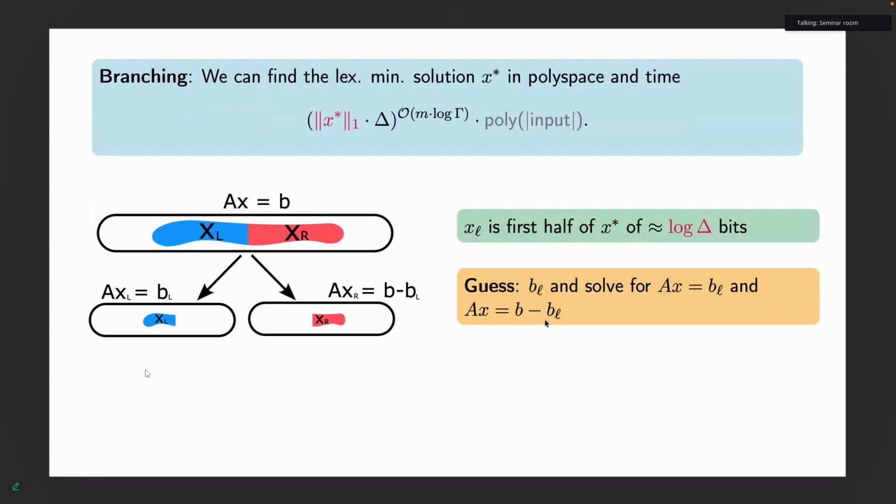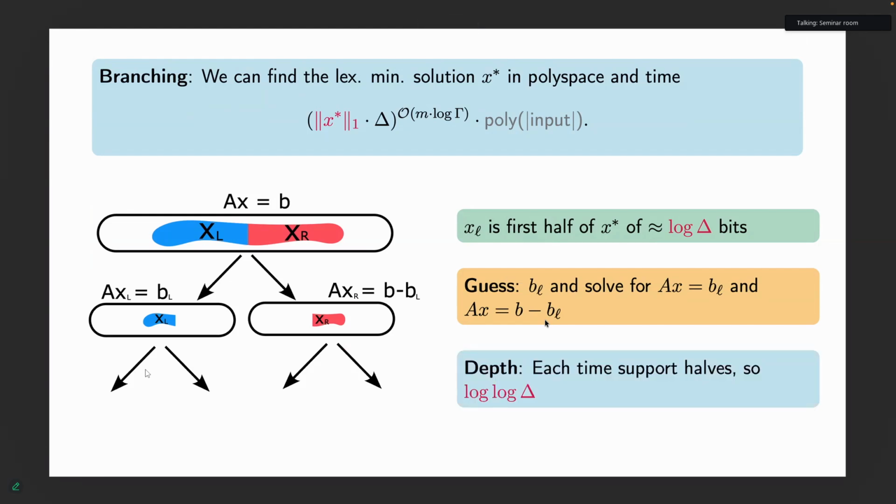And then I will continue and do this in a branching way. The nice thing about it is that each time I do this, the support halves. So the depth of this recursion will be log delta, because there were log delta bits.